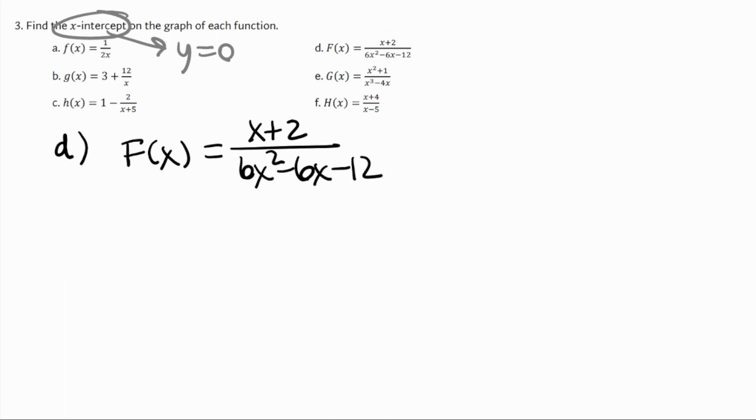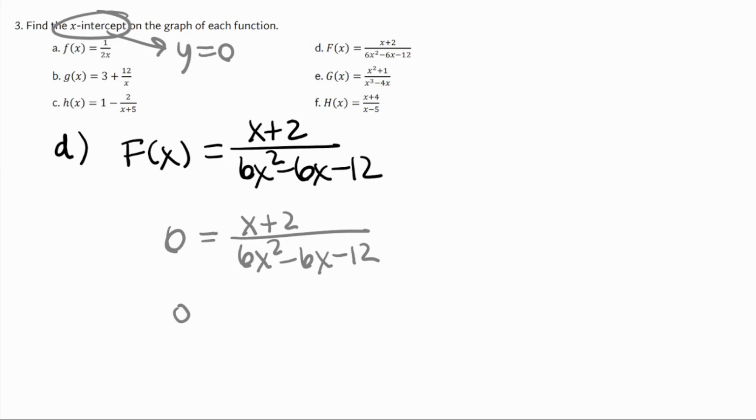I'm looking for an x-intercept, so I'm going to set y equals 0. You could look at this two ways. You could say the only way a fraction can equal 0 is if its numerator is equal to 0, so that's when x plus 2 equals 0. Or you could multiply both sides by 6x squared minus 6x minus 12, and say 0 times anything is 0.